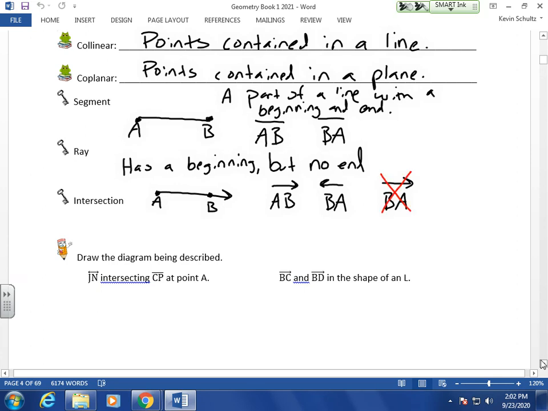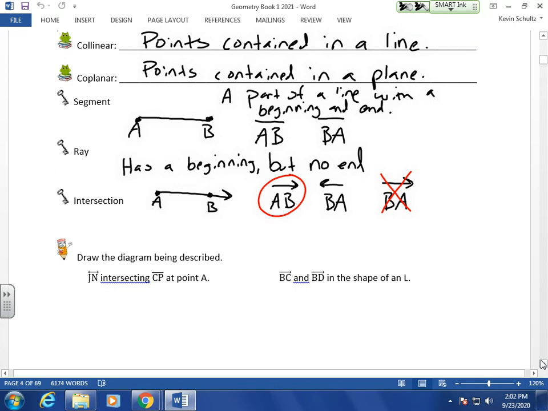Because the direction of the ray is going to the right, in this case, this would probably be the best way to write it, but that second way is technically not incorrect. But the third one is. That's why I X'd it out, for clarity.